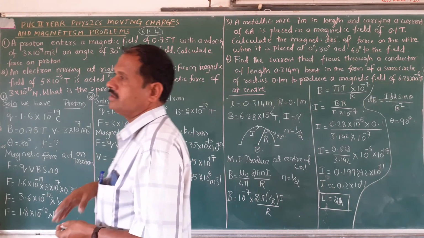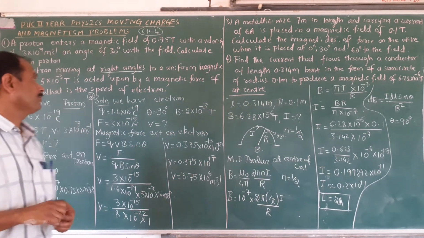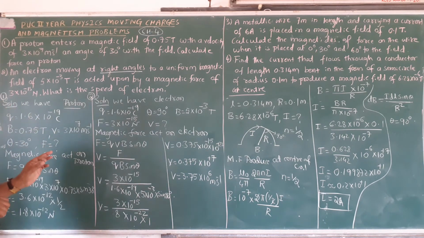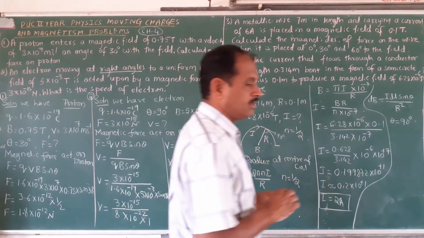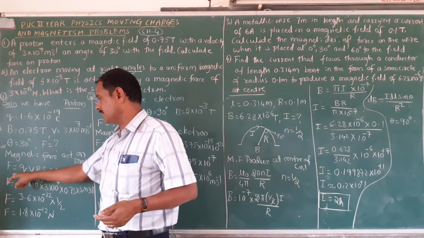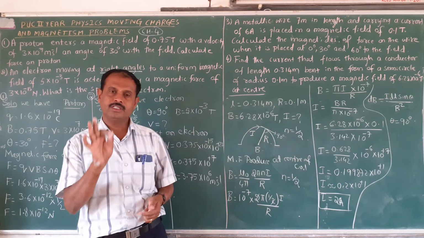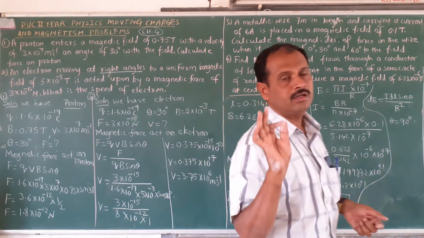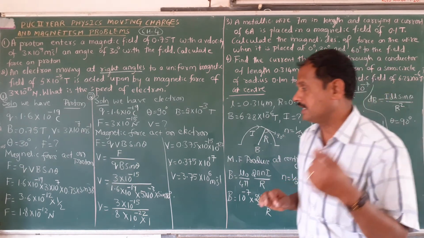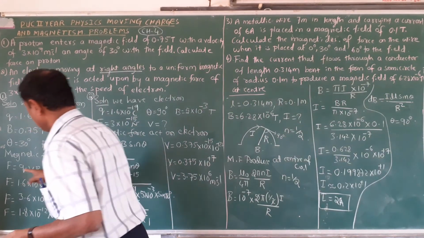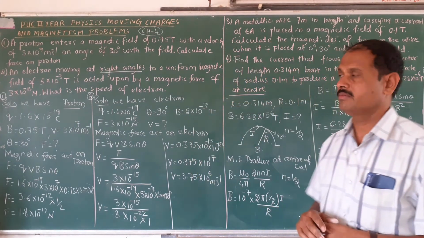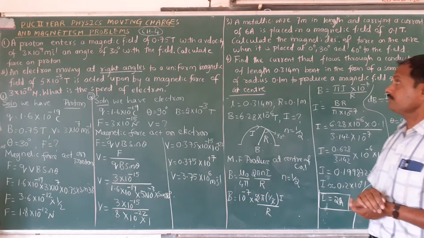Problem 1 and problem number 2 are based on only one simple formula, F is equal to QVB sin theta. It is the force acting on a moving charged particle in the magnetic field. That formula is F is equal to QVB sin theta. It is based on only one formula: the first problem and the second problem.